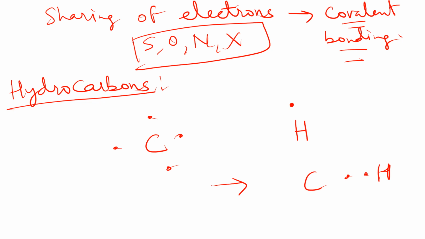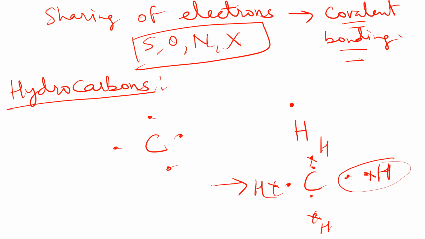But what about the other electrons? Carbon needs 4 hydrogens to attain a stable configuration. So carbon is forming covalent bonds with 4 hydrogens by sharing electrons.